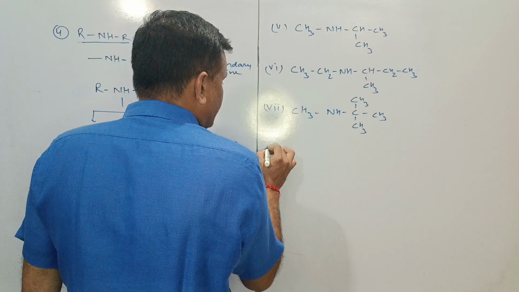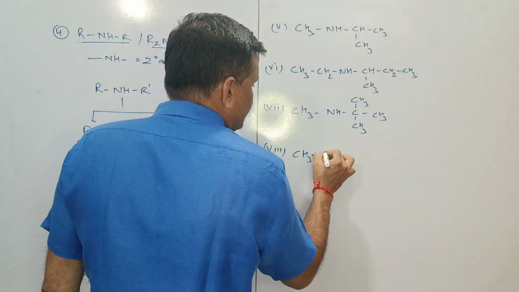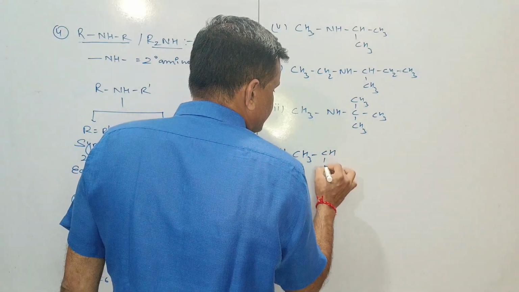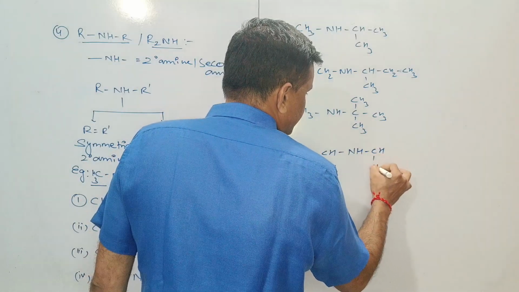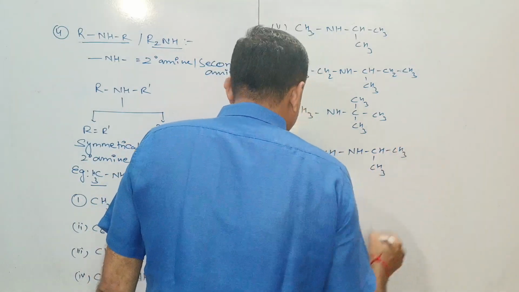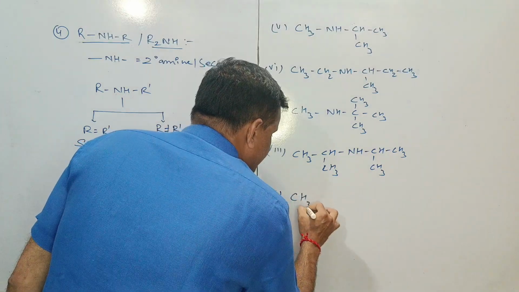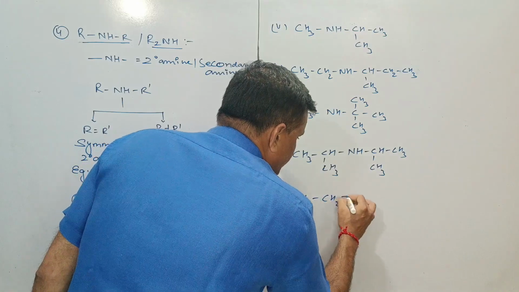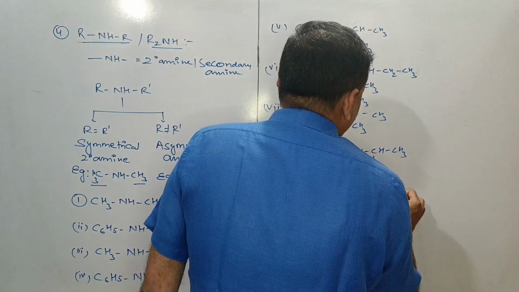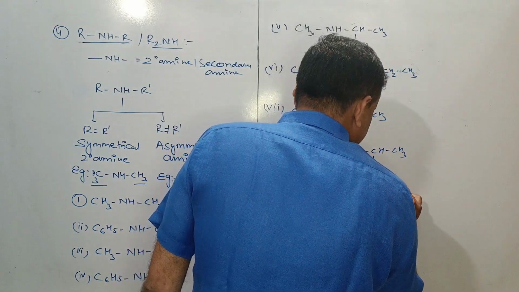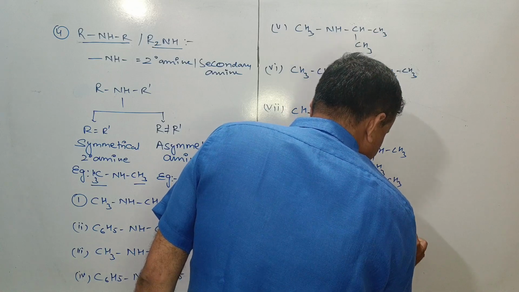If you go further, then 8th example, this is CH3, CH, CH3, this is the NH, CH, CH3 and CH3. This is the 9th example, CH3, CH2 NH, and you can take just CH3, CH2, CH3.